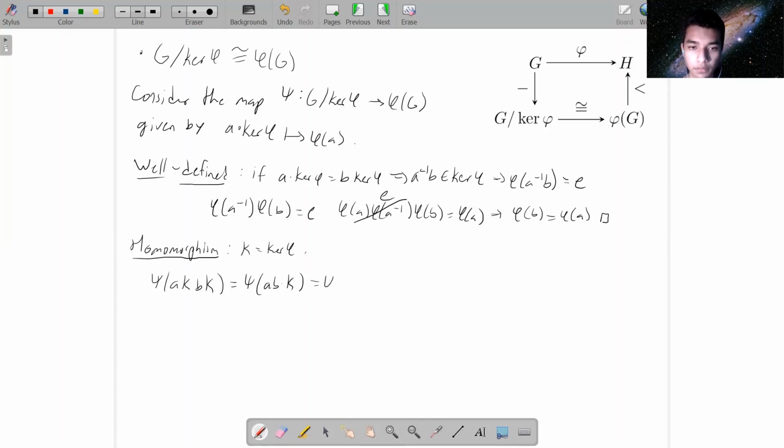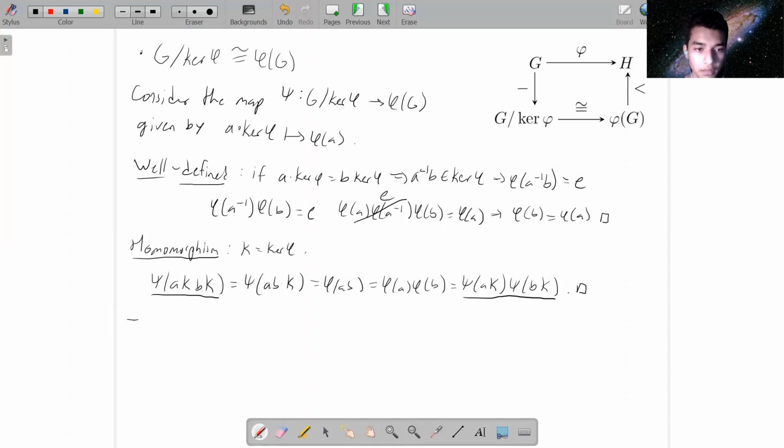Now this equals phi of AB. Since phi is a homomorphism, this is phi of A times phi of B. But then phi of A is just psi of AK, and phi of B is psi of BK. But this right here is exactly the homomorphism property.